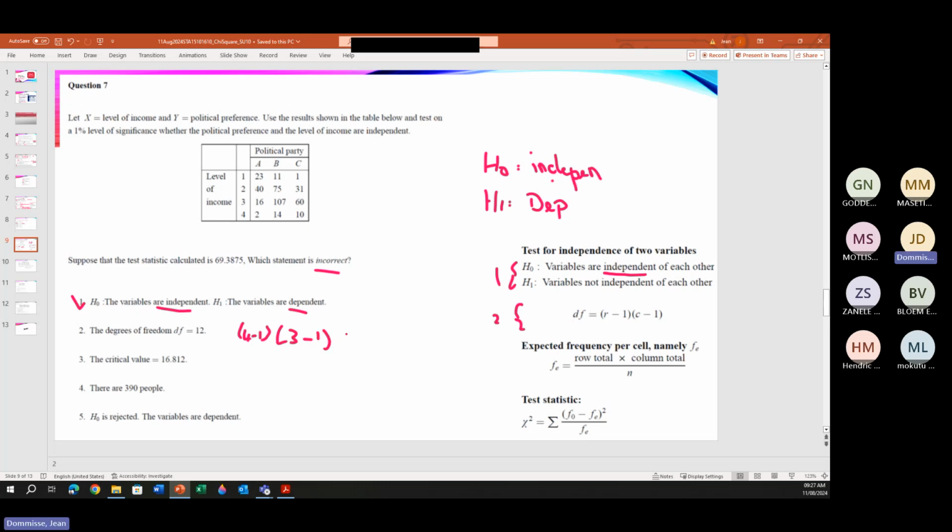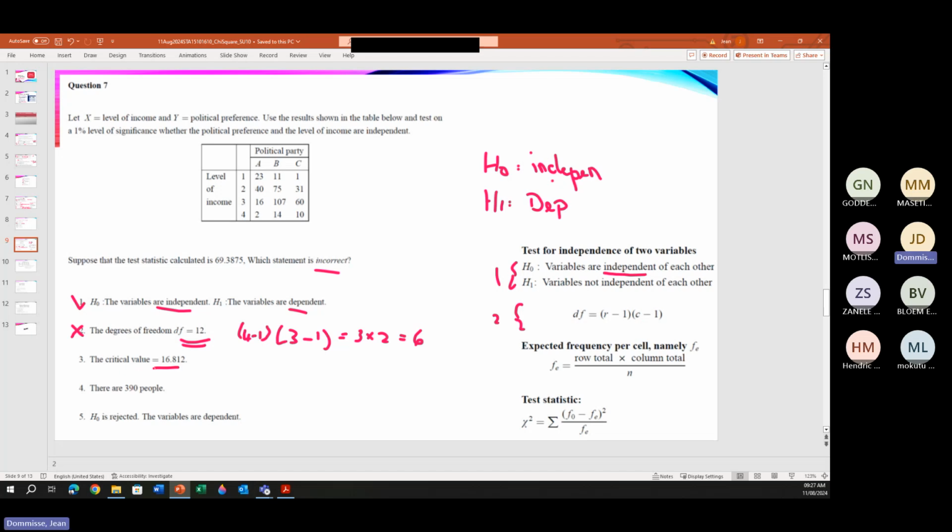So 4 minus 1 is 3, 3 minus 1 is 2, so degrees of freedom is 6. Degrees of freedom 12 is incorrect. What they did was 4 times 3, which is 12. But remember, rows minus 1, columns minus 1.